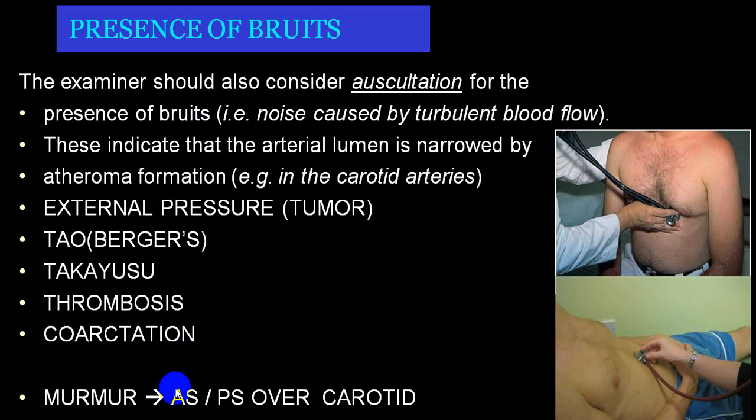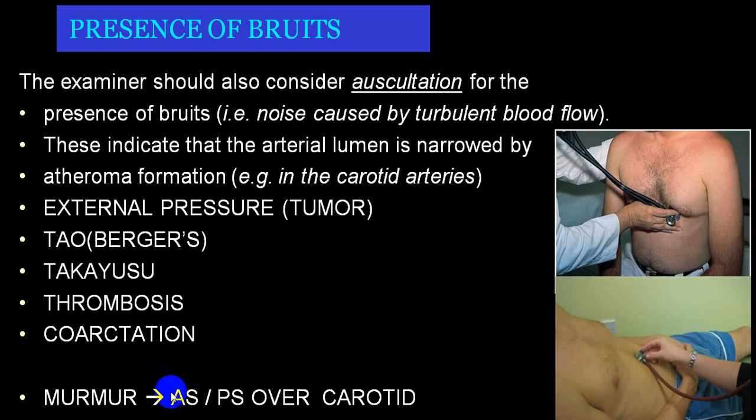Now, if the sound is produced at the level of valvular structures, say like aortic stenosis or pulmonary stenosis, those are called murmur. If the same sound is audible over the carotid artery, we call it transmitted murmur or conducted murmur. The better word is conducted murmur.